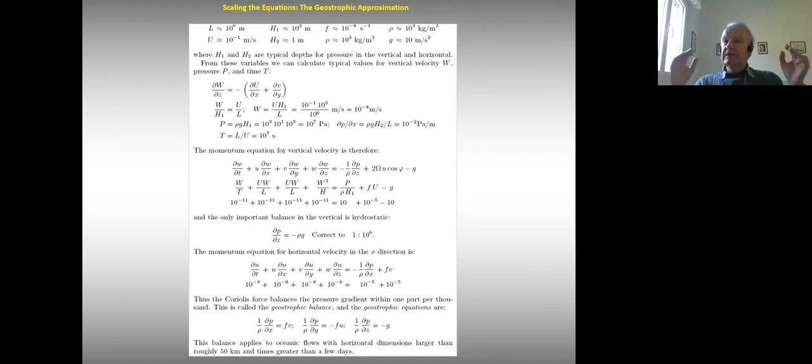Simply, if you do your measurements at a certain point for times greater than a few days, greater than 10 days, than a month, to make sure, and you look at processes larger than 50 kilometers, your measurements will be very close to the geostrophic flow.